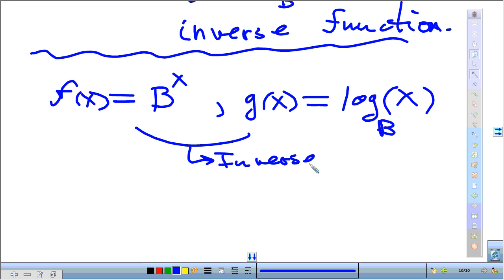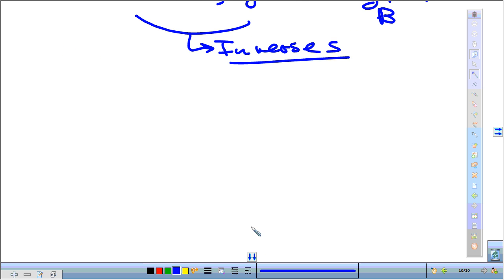And we've observed that these are inverses of each other as functions.